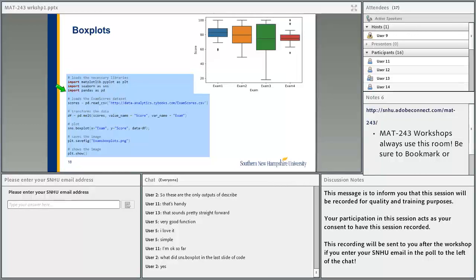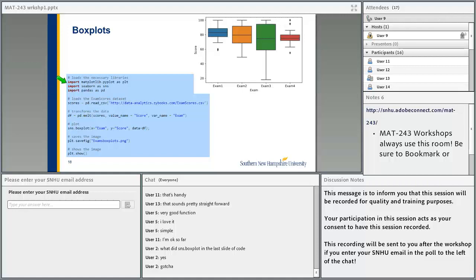So Python will know that whenever you say pd, it means pandas. And the same thing applies for matplotlib.pyplot, which has been imported as plt. You can see in the last line, we're using the show function. So we do plt.show.